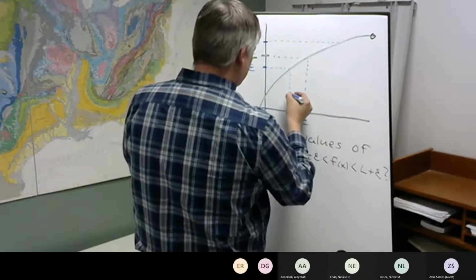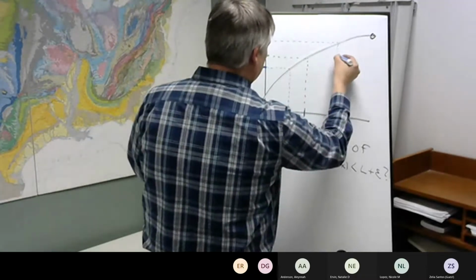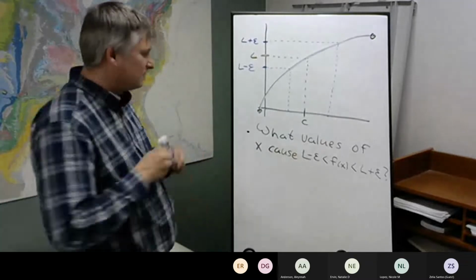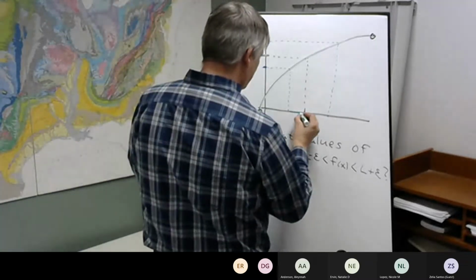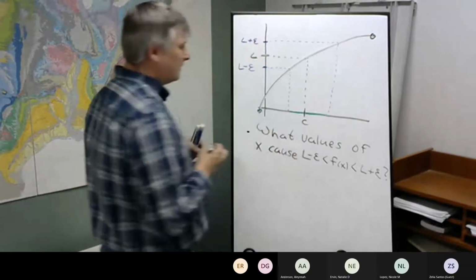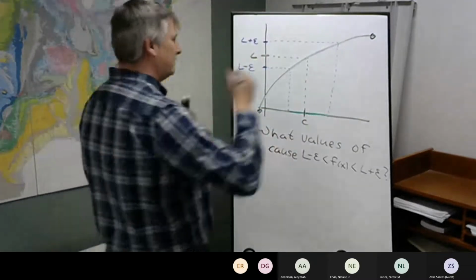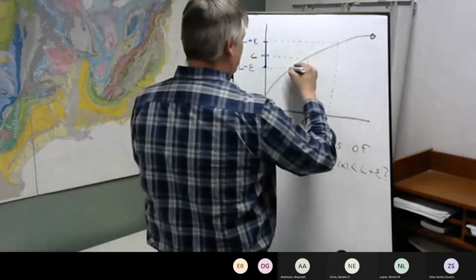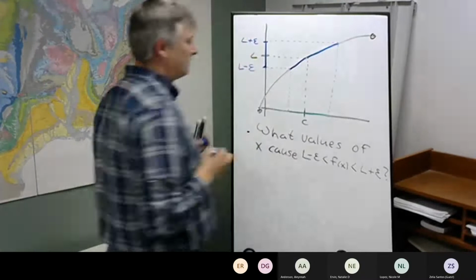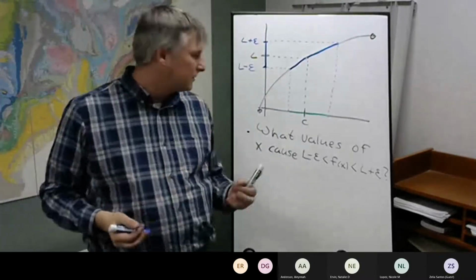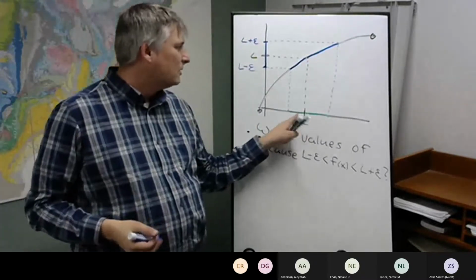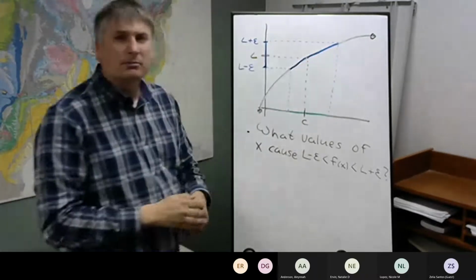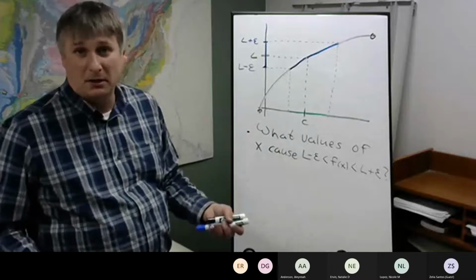So we drop these down, and what we find is this. That green area gives us the x values that place f of x. X values here will give us function values that fall between L minus epsilon and L plus epsilon.